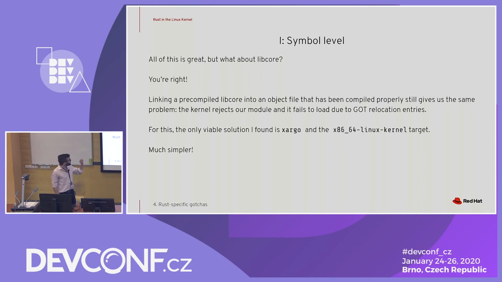When you start linking it in, your code that you wrote might have the appropriate flags for the compilation. However, libcore is not going to have that. So really the only way that I found around this is to use Xargo, which is a cross-compiler for both your code and libcore. And then thankfully, they were nice enough to put a Linux kernel target in that for us. So this is going to be a lot simpler.